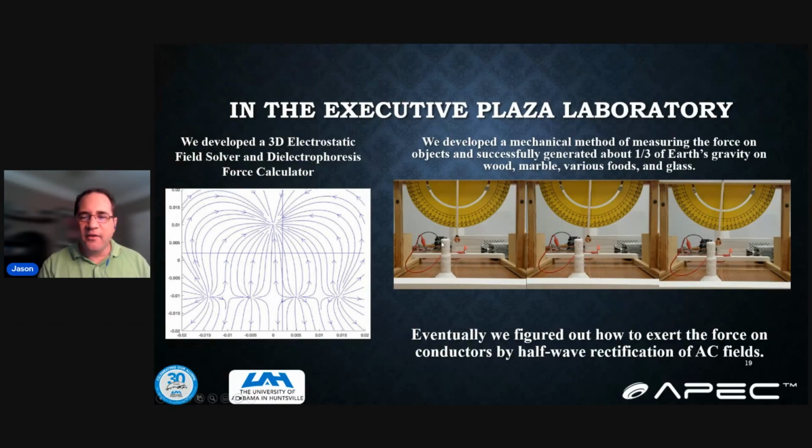And the ball here that's being attracted to this electrode in a sequence of pictures is a marble. So as we quantified it, we were able to create an attractive force for wood, marble, various types of food. I mean, you name it, we tried it. Chicken, avocado, potato chips, glass. Okay, glass is not a food, but you get the point. So we were able to create up to about a third of Earth's gravity with roughly 50,000 volts.